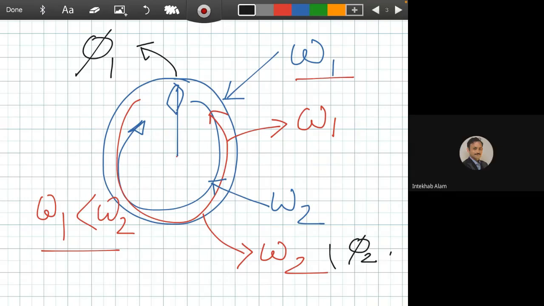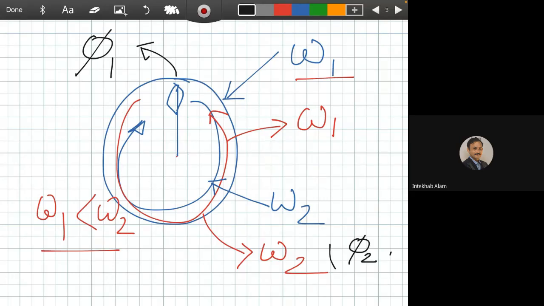When omega 2 has a greater XL, the impedance for omega 2 will be larger. If the impedance is larger for omega 2, then the current will be less with the same input voltage.